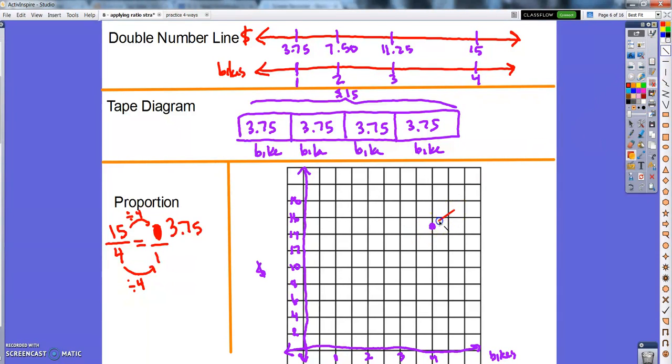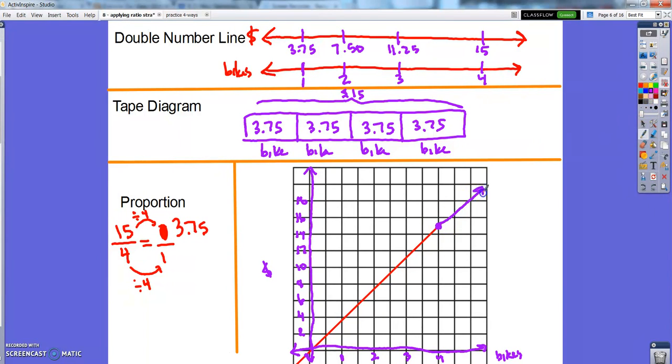If I go through that, and I messed up, and I go through 0, remember, if he did this point right here where I am now, that's no bikes, no dollars. If I do that just right, keep messing up just slightly. You got to go right through that 0 point, right there. So if I make my line like that, and I would, of course, if I was using a pencil, I would extend it this way too.